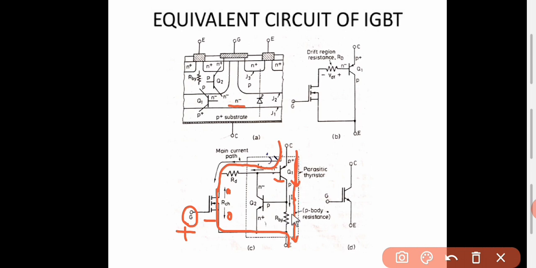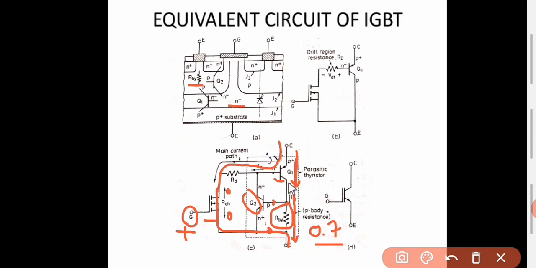As this current is increasing, the voltage drop across the RBY, which is offered by the P regions, is increasing. When this voltage across the RBY increases to 0.7 volt, which is the required voltage to turn on the transistor, the transistor Q2 will turn on, as its base P2N voltage is increased to 0.7 volts.